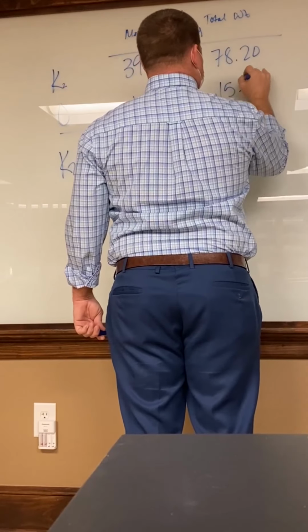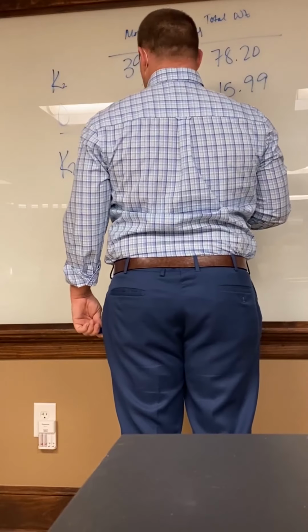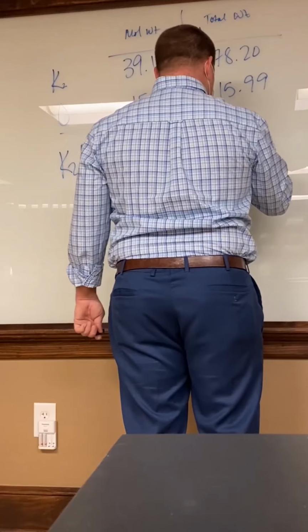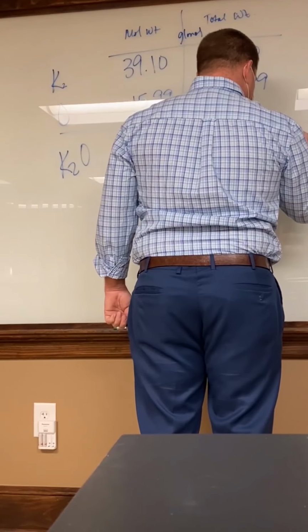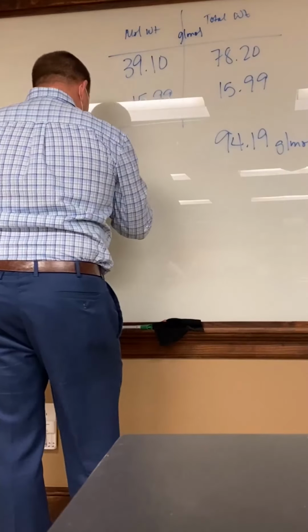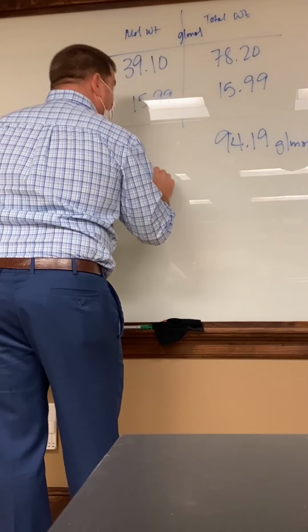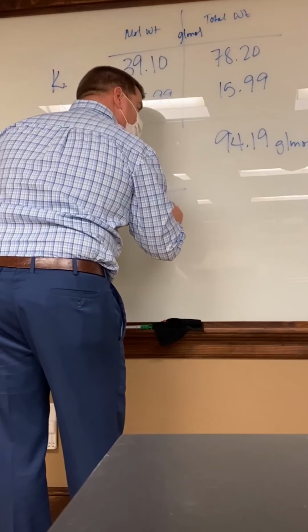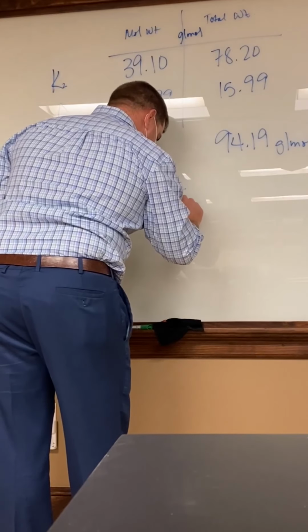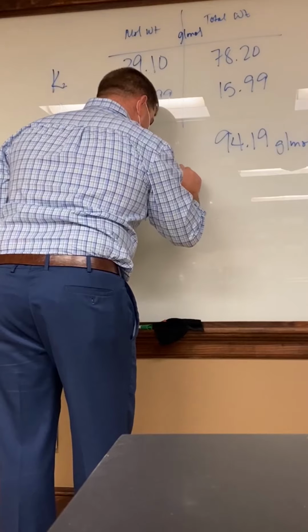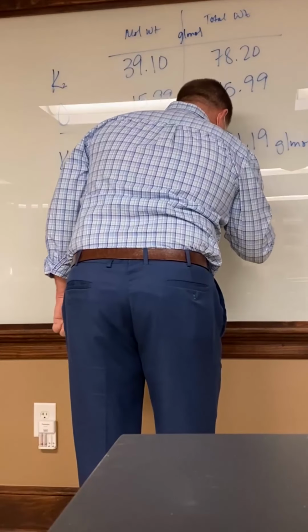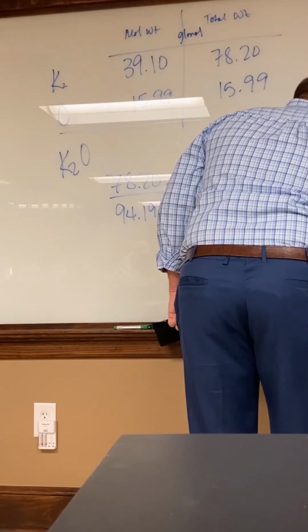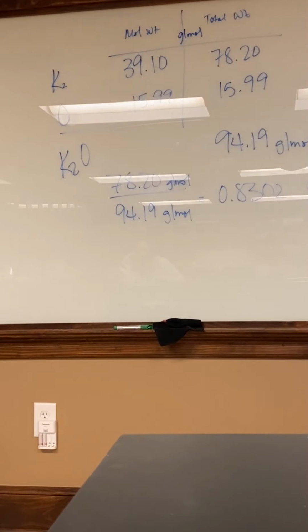Plus 15.99 is going to be 94.19 grams per mole. 78.20 divided by that, or 83%.